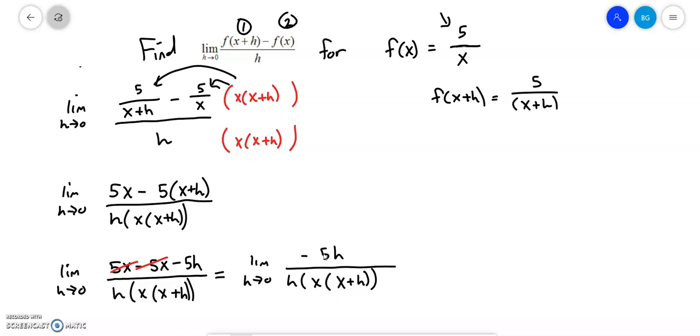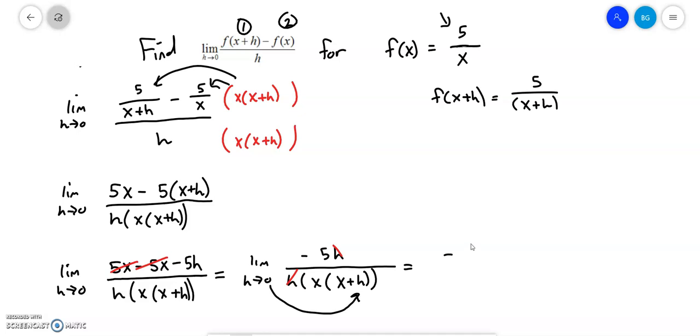And we get one more cancellation. This h can cancel that h. And so actually now I can plug in. So I'm just going to go ahead and plug in. So if I plug in 0 for h, notice that's no longer a problem.